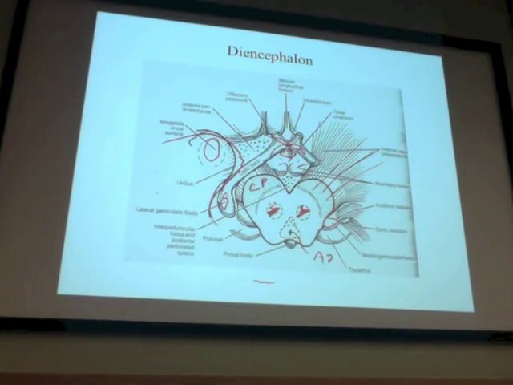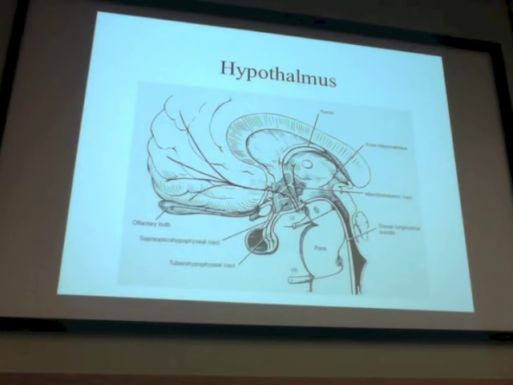So this is what it looks like from the ventral aspect of the brainstem. If we do a sagittal section, the area of interest is going to be this area right here. So this is the hypothalamus. This, of course, up here would be the thalamus.